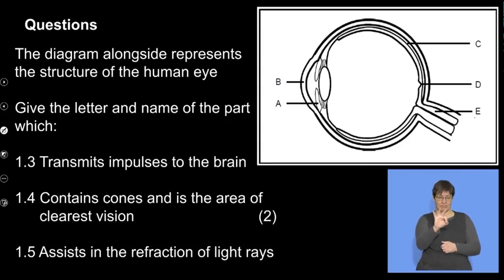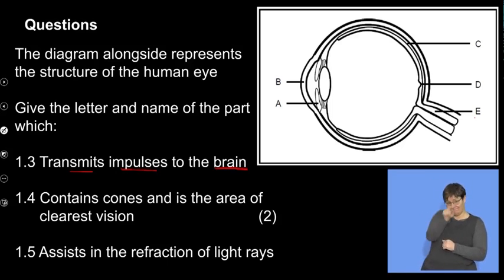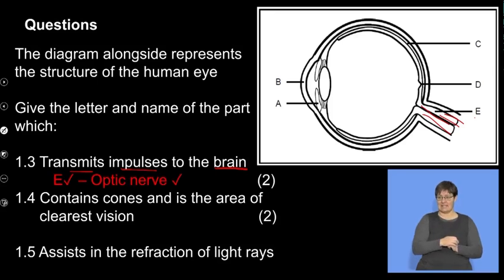Question 1.3, we're looking at the part that transmits impulses to the brain. So we're looking at this part that transmits impulses to the brain. The answer should be E and should be the optic nerve. Number 4, the part that contains cones and is the area of the clearest vision.